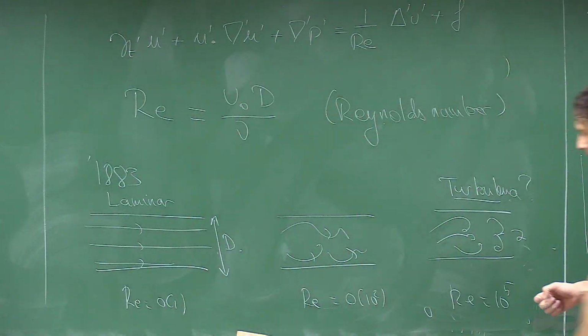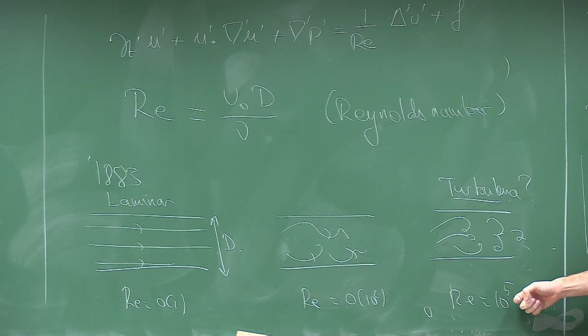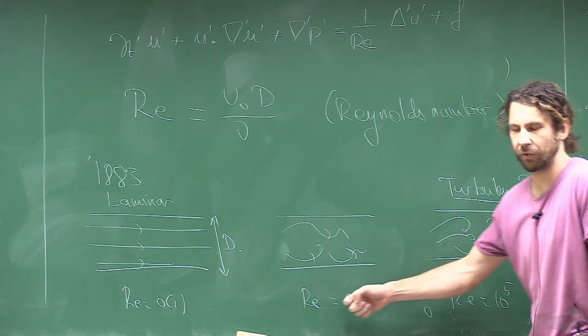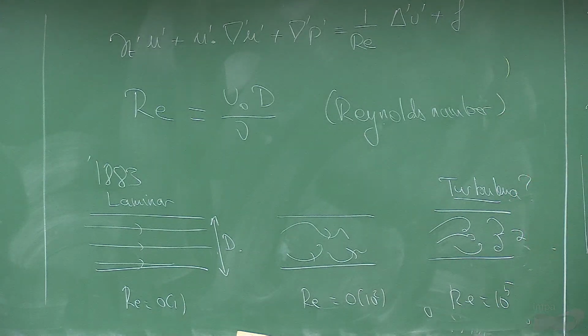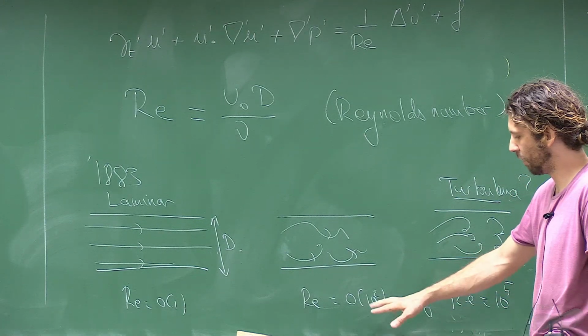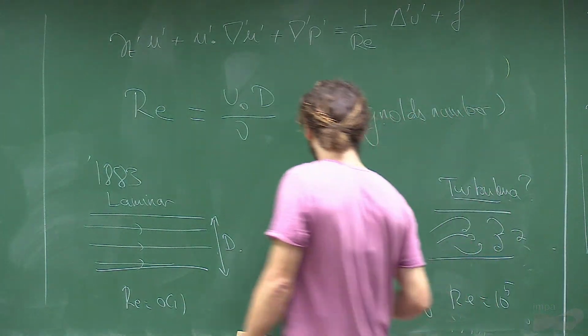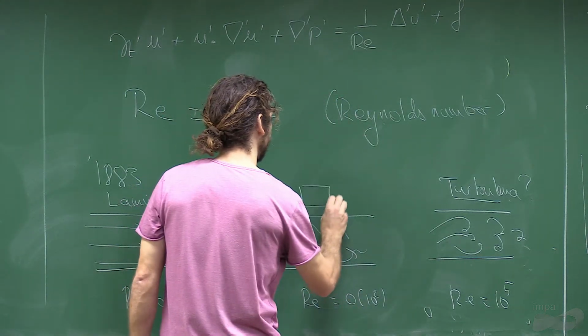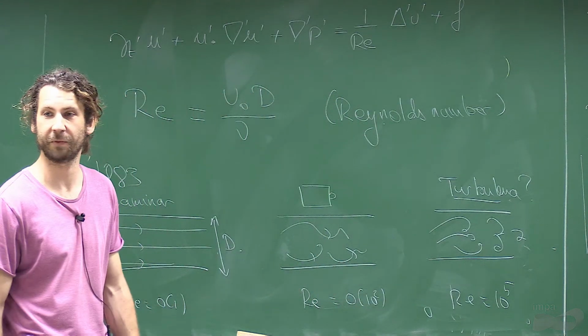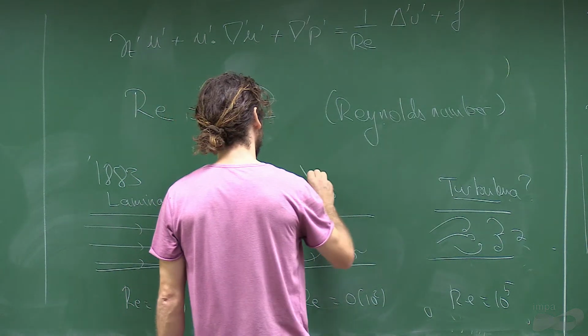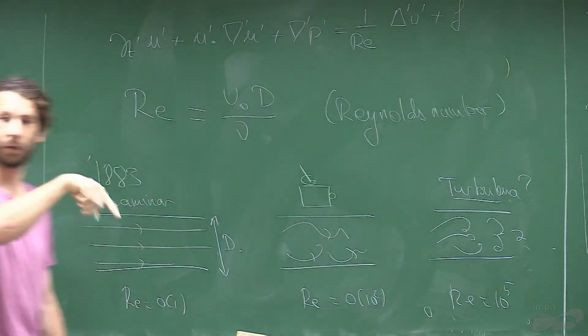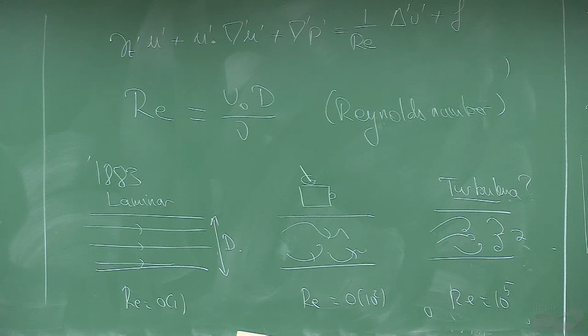So just to give an idea, are those extreme conditions or not? Typically, Reynolds about 100 is you trying to put some sugar in the strong coffee of IMPA and trying to mix the sugar in it. So that's Reynolds 100, possibly.